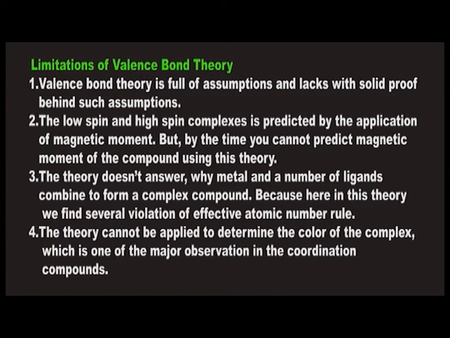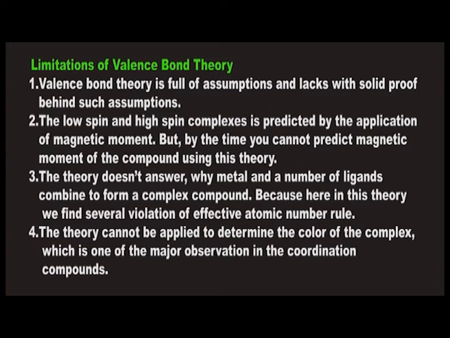The second limitation is that low spin and high spin complexes are predicted by the application of magnetic moment, but by the time you cannot predict the magnetic moment of the compound using this theory.